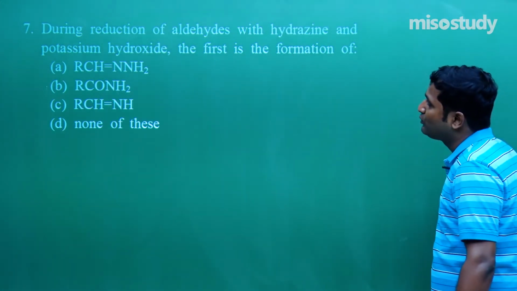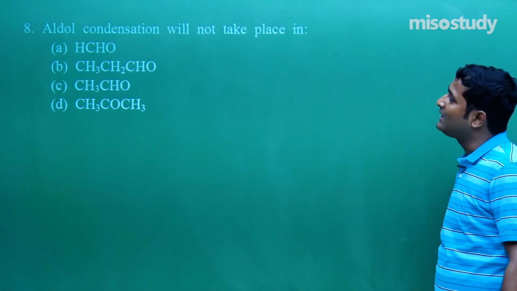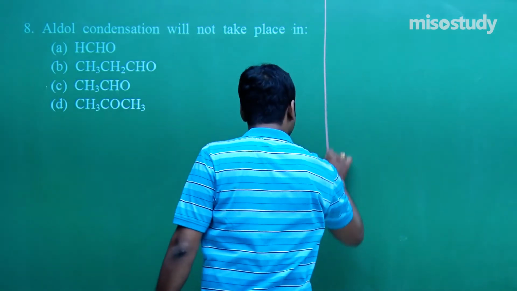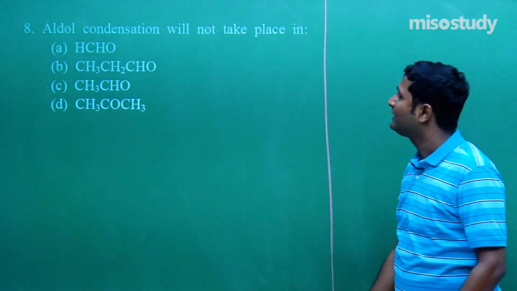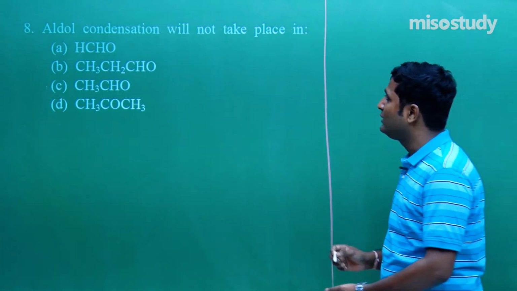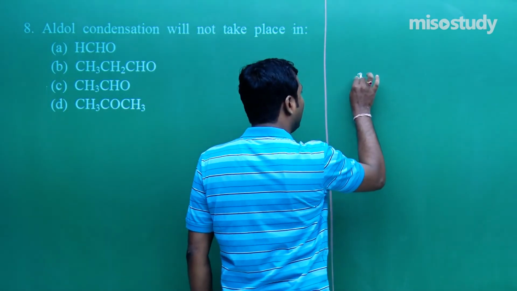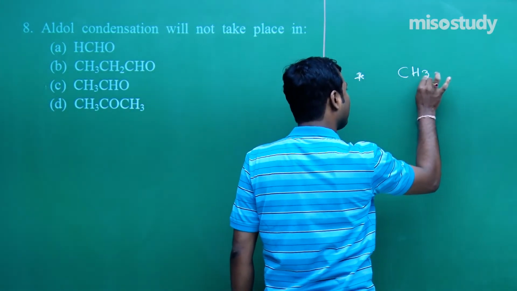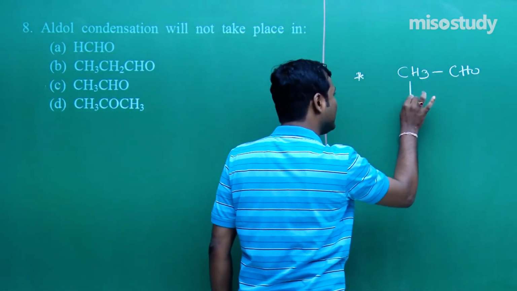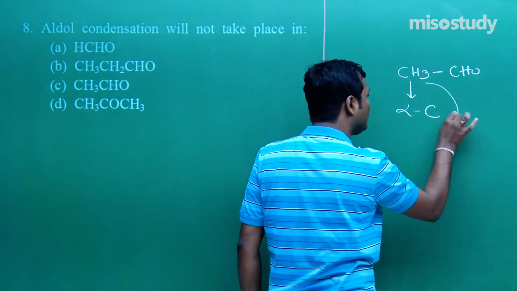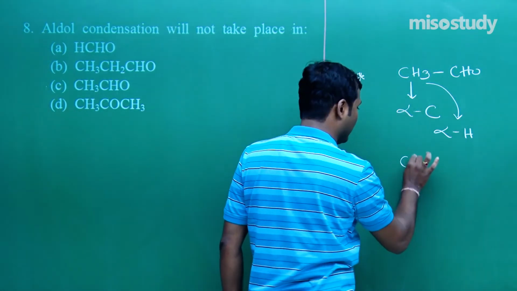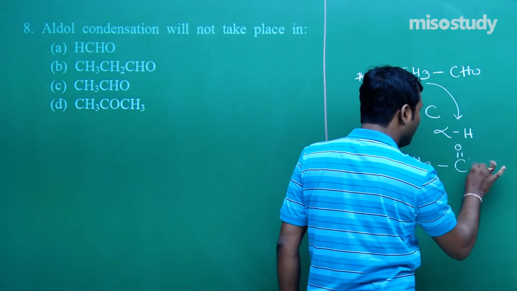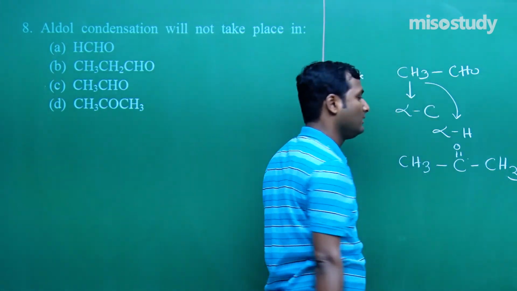Now, let's move to the next segment. Aldol condensation will not take place in. Tell me what will happen. As we know, if there is a presence of alpha carbon, meaning alpha hydrogen, then the carbonyl compound will perform aldol condensation.